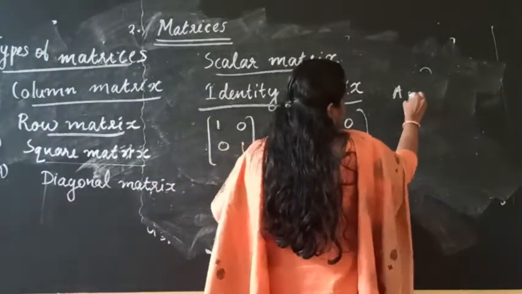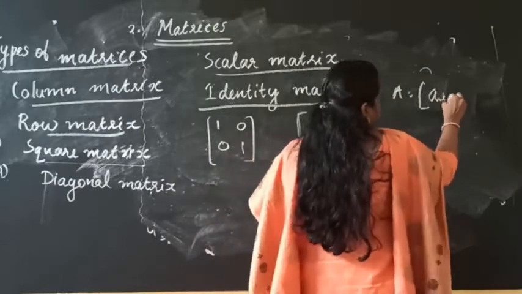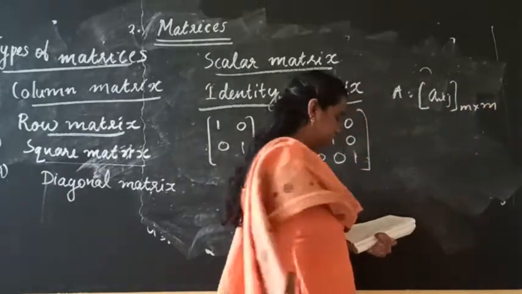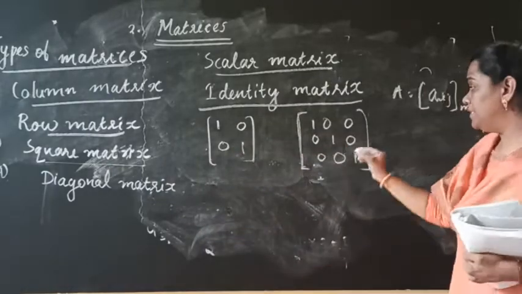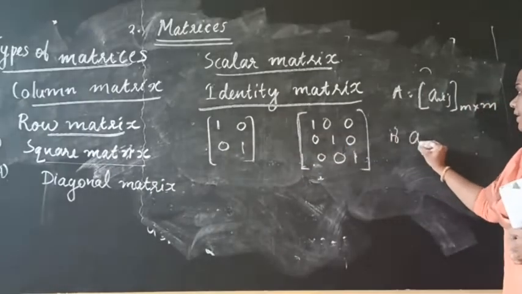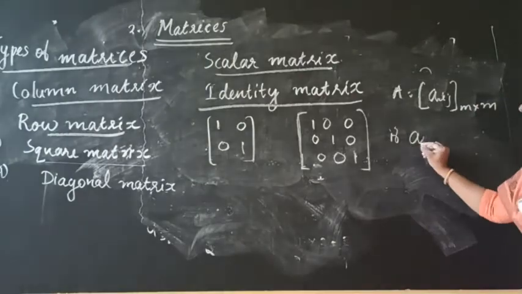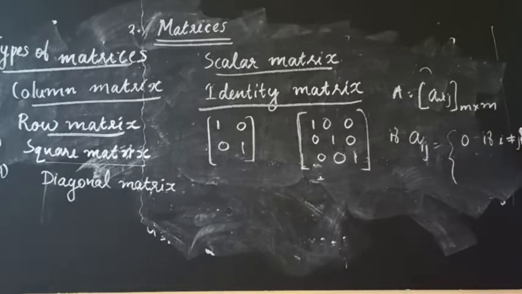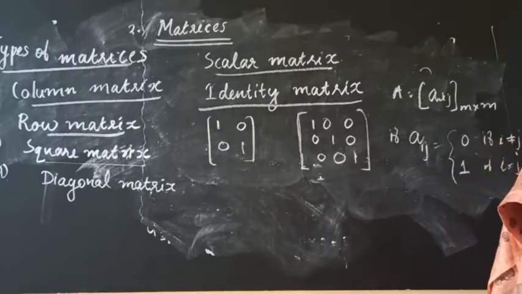A matrix A = [Aij] of order m by n is said to be an identity matrix if Aij is equal to 0 if i is not equal to j, and equal to 1 if i is equal to j. Did you understand this identity matrix?